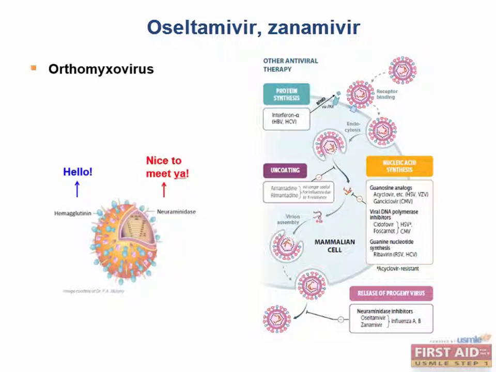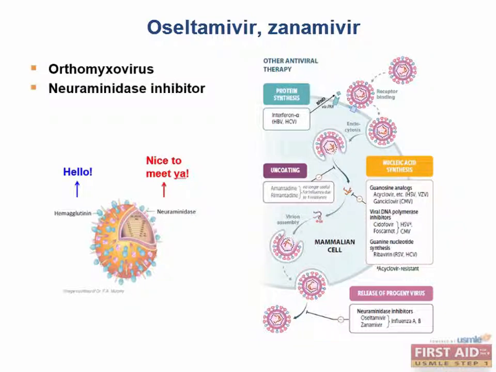Hemagglutinin binds to cell surface proteins of an epithelial cell and facilitates viral entry into the cell, while neuraminidase is important for the release of progeny viruses. We remember that by the mnemonic, hello and nice to meet you, to help us remember that hemagglutinin facilitates entry and neuraminidase facilitates exit.